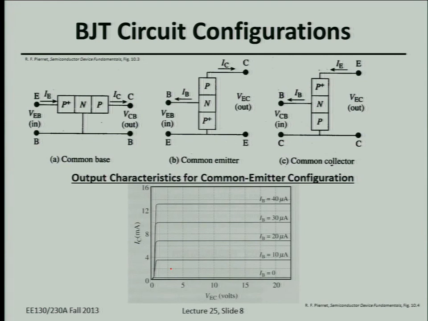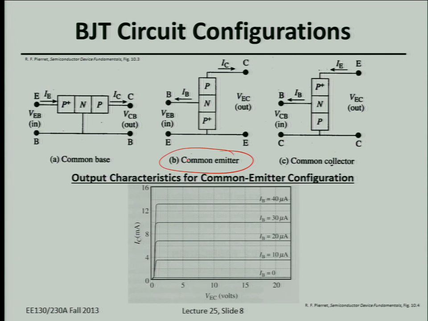Okay, so for an amplifier, we care to look at the BJT current versus output voltage characteristic as shown here. This is the more common circuit configuration used for a BJT. Let me just define it. I think in EE105 you've seen this, but you have a 3-terminal transistor, and you apply the input information signal, like a voltage signal or a current signal, between 2 terminals, and then you take the output signal between 2 terminals.